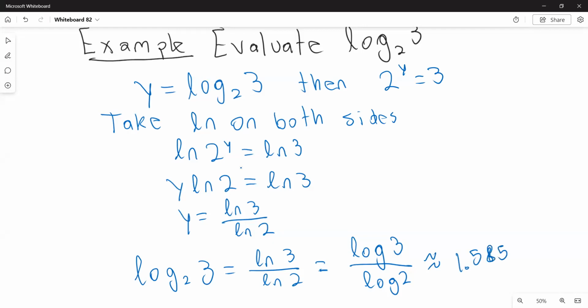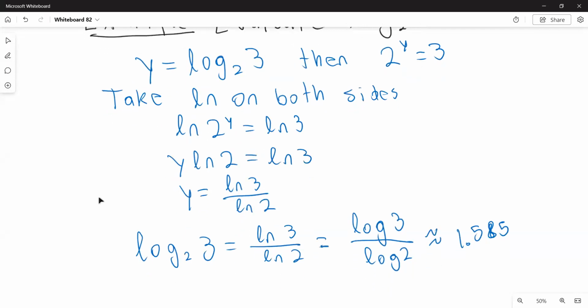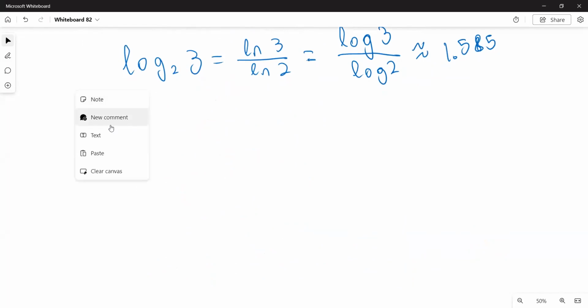Now, you don't need to do this every single time. We have a formula called the change of base theorem. I'm going to copy that. Now you can evaluate any logarithm with any base on the calculator with either the decimal logarithm or the natural logarithm.